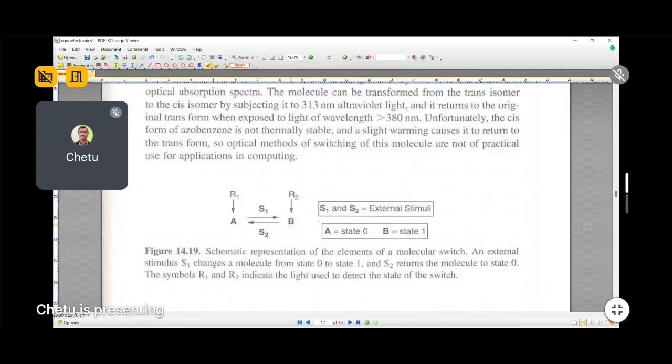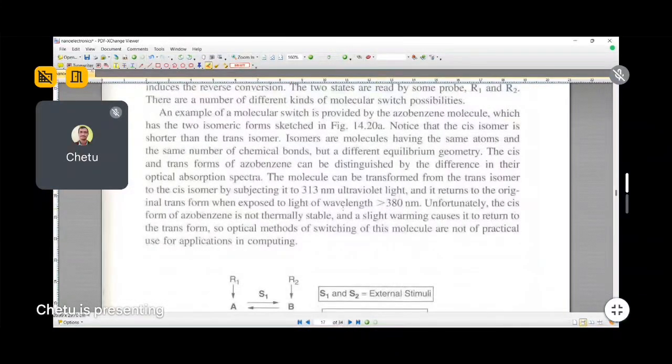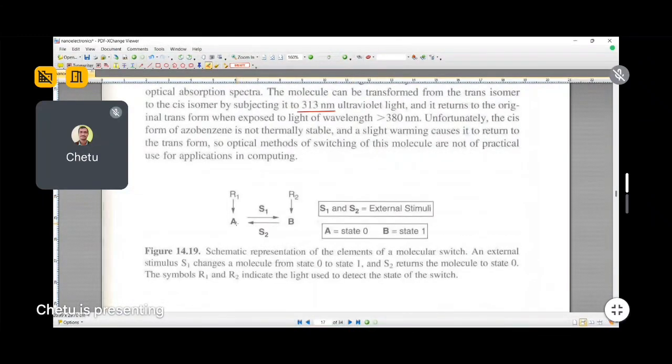So how is it achieved? When light of 330 nanometer falls on it, it changes the molecule from the trans isomer to the cis isomer. Means from trans it goes into cis transformation, and it can be returned to the original when exposed to light wavelength greater than 330 nanometers.